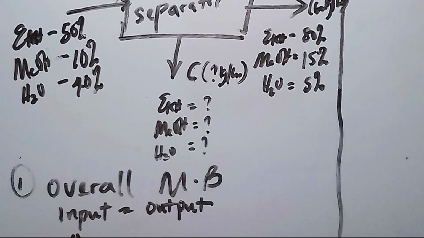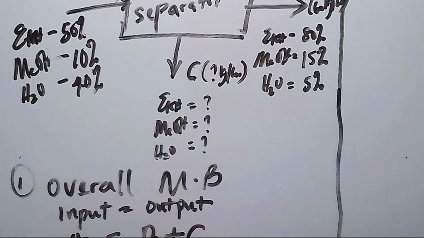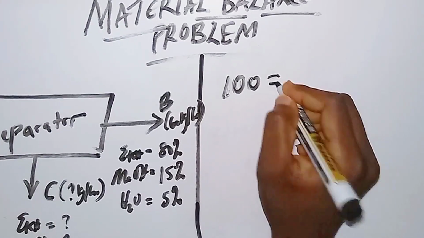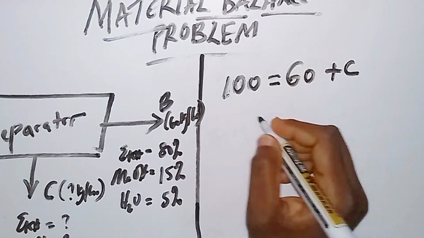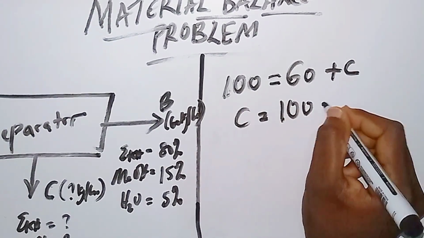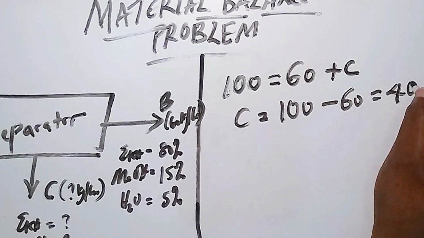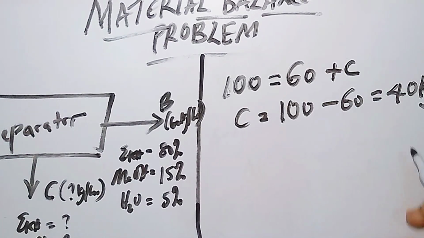So A is going in, and A is equal to output B plus C. B is 60, so A equals 60 plus C. So C is equal to 100 minus 60, which is equal to 40. So we know the mass of C to be 40 kilograms. So for every 100 kilograms of A going into the separator, 60 kilograms of B is produced, and at the same time, 40 kilograms of C is also produced every 1 hour.